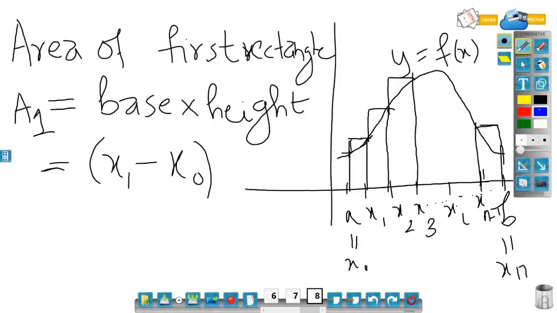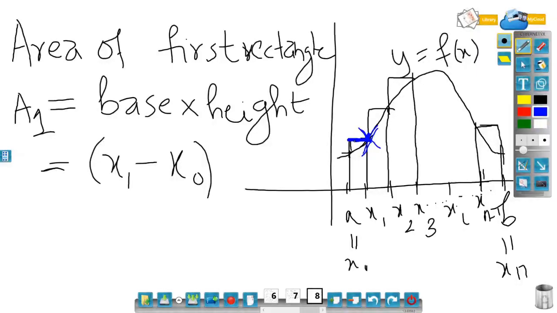So how will you find out the height? You can see that the rectangle is touching the curve I have drawn with the blue. At that point, what is the height that I need to find out?